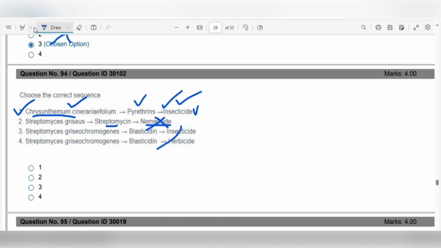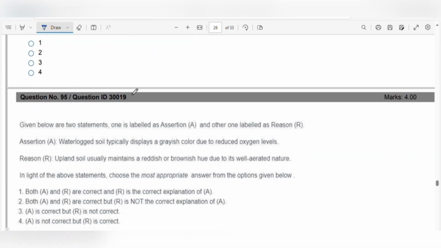Anyhow, the correct answer here is option 1, because we know that pyrethrins are derived from chrysanthemum plants and are widely used as insecticide, which has a very good effect on a wide range of insects, and they mostly work pretty quick and pretty good. So chrysanthemum is a widely used plant in insecticides. So let's move on to the next question.